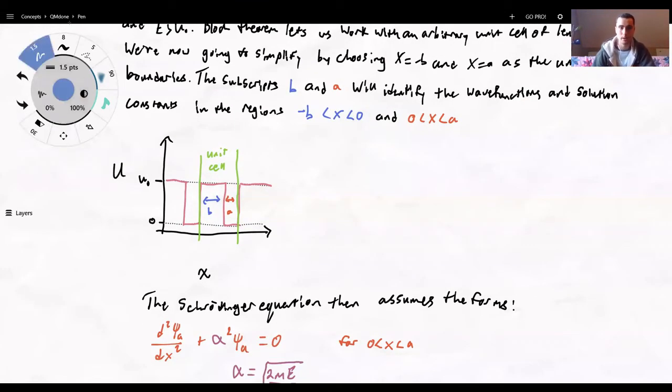If we have a graph of potential energy versus position, we have our unit cell here, which you can see just gets repeated over and over again, which is why it's our unit cell. And we have b, which is going to be our region where there is a potential energy. And then we have a, which is our region where there is no potential energy, where you're a free particle.